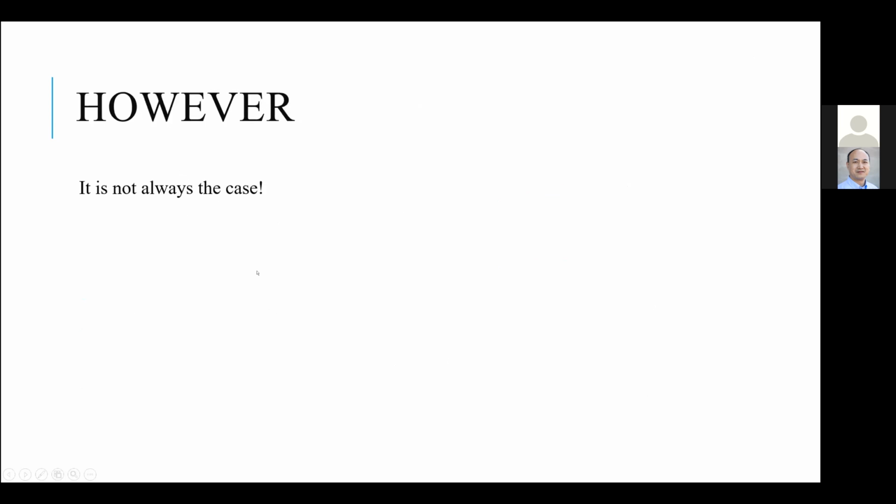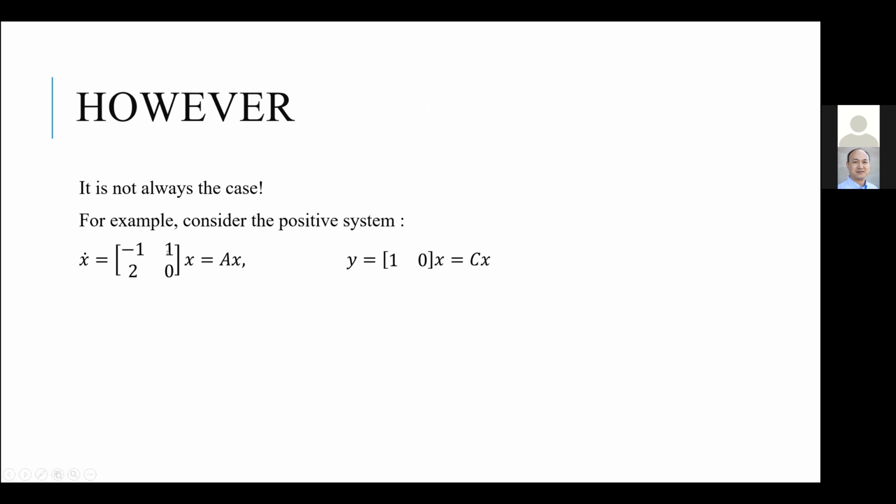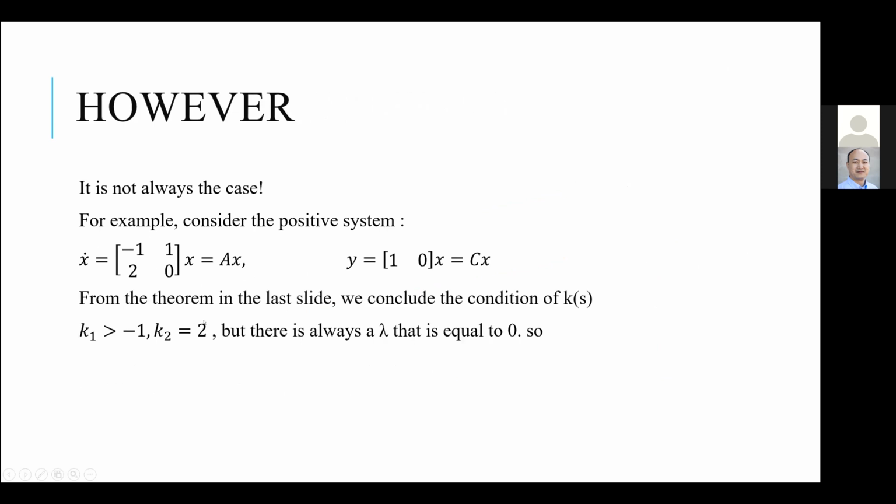However, it's not always the case. For example, let's say you have a positive system like this: positive, positive, all positive. From this theorem, the last slide, we conclude the conditions of K are K1 greater than minus 1, K2 equal to 2. But there's no K that satisfies lambda less than 0, because there's always a lambda that is equal to 0.